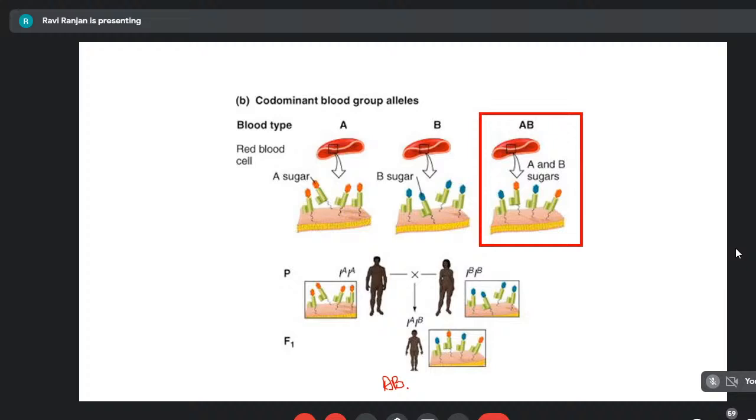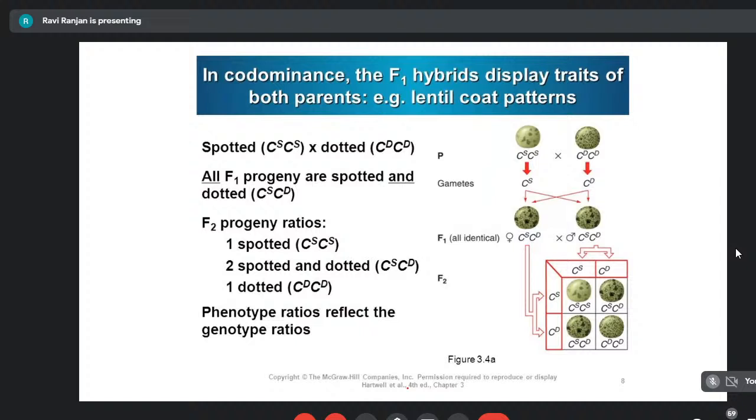So in codominance, you see that both of them completely express themselves. And that's why in codominance also, both the phenotypic as well as genotypic ratio will be 1:2:1 and 1:2:1.